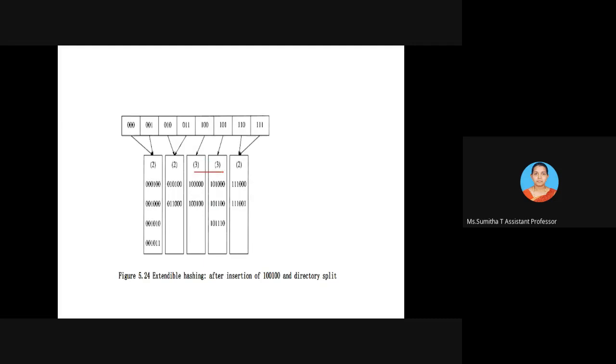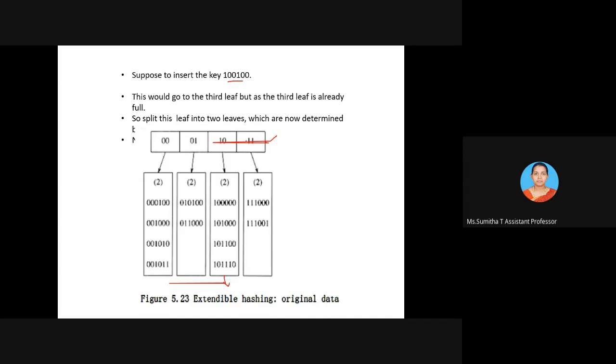Okay, and the directory also is increased. How? This 2 mentioned here is called the local depth, and here the size of bits is called the global depth. Okay, this is also 2, this is also 2. Once both are the same, when an insertion overflow happens here, the depth is 2 and the number of bits is also 2.